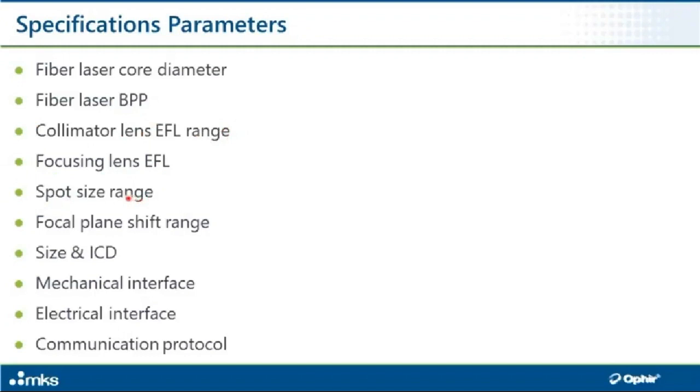So if you specify, for instance, that you want to achieve spot size range of between 100 micron to 400 micron, you specify it here, and then we can design the focal length accordingly, so you will get the required spot size range. In addition, you should specify also what is the focal plane shift range you would like to have, plus minus 10 millimeters, for instance, or other values, so we can know what is the required movement of the lenses.